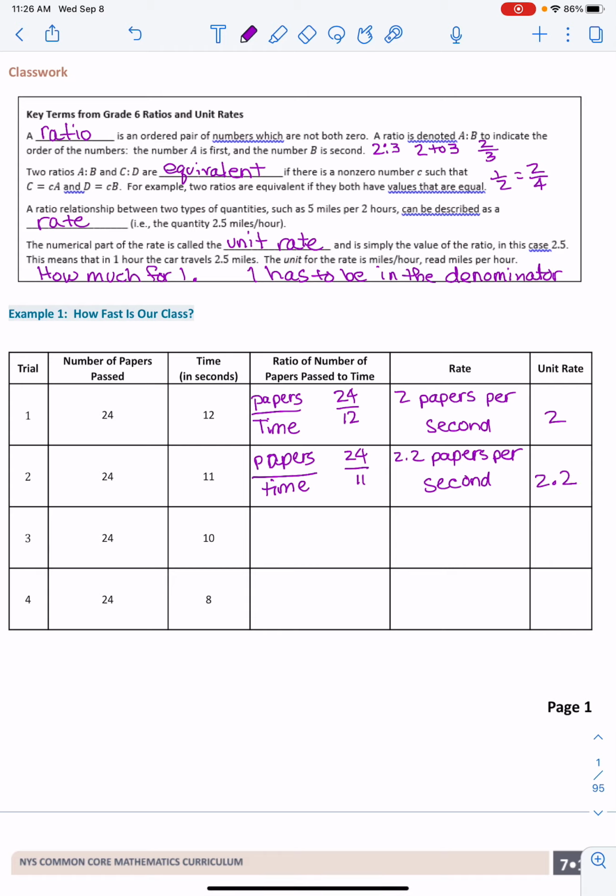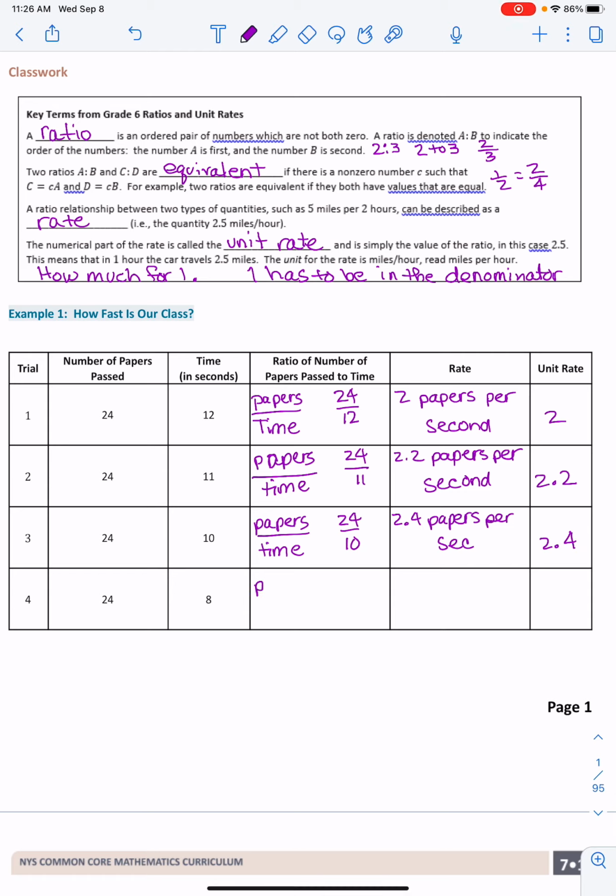If we pass them back in 10 seconds, we'd have papers over time, and we would have 24 over 10, or 2.4 papers per second. Or 2.4.